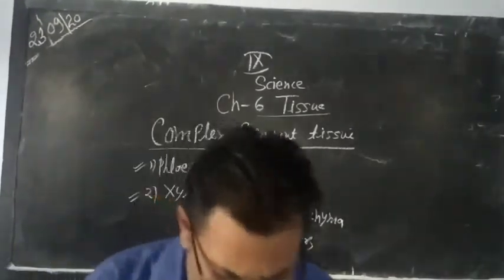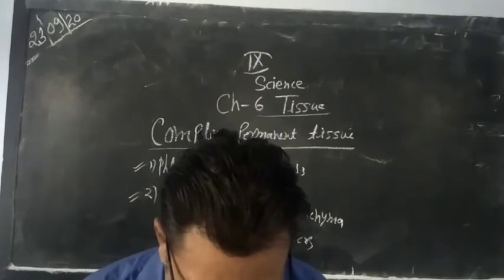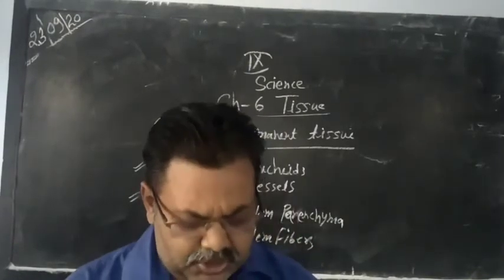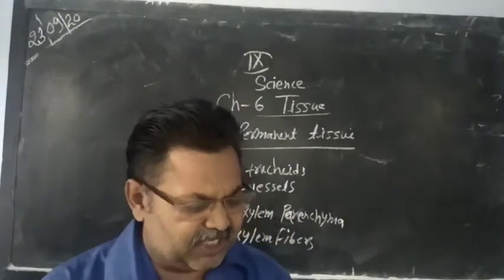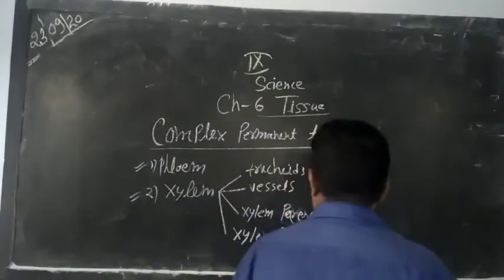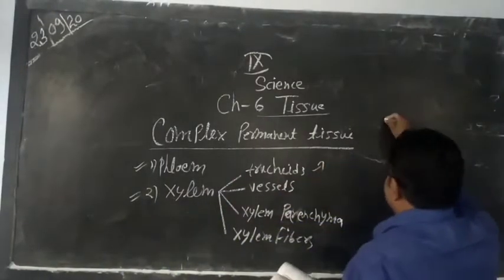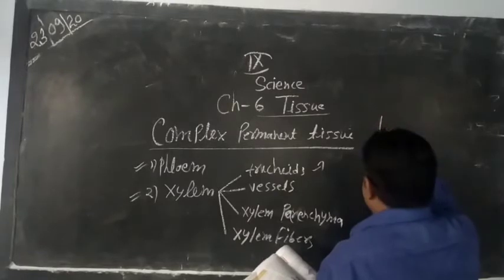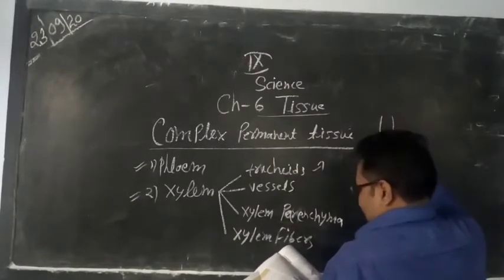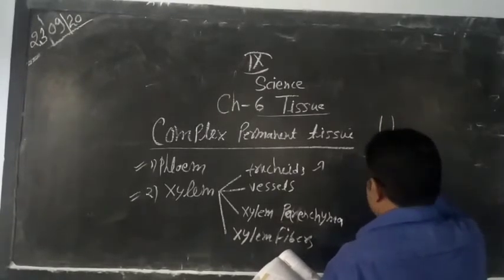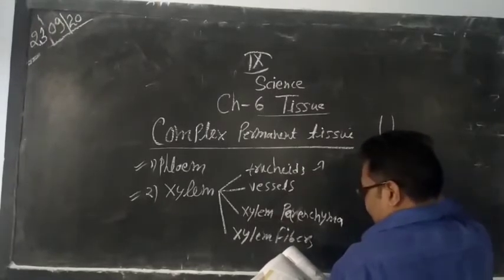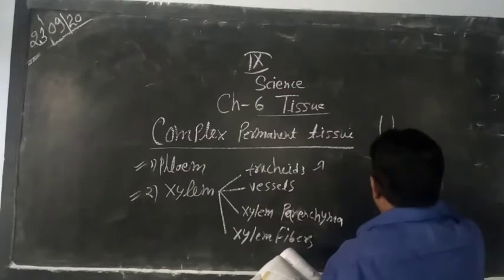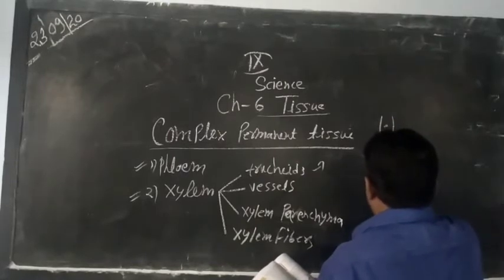Now the structure of these tissues, first one is tracheids. This is the structure of tracheids, in which there are small structures known as pits.